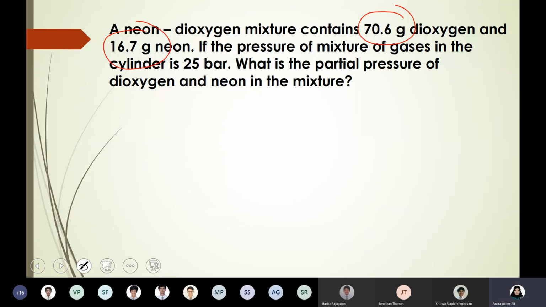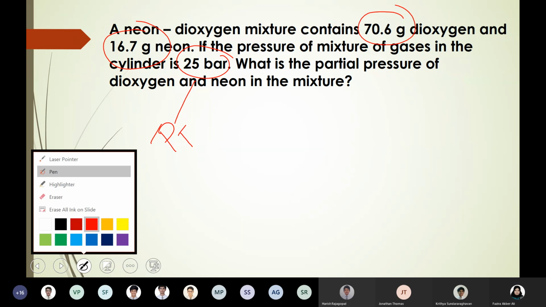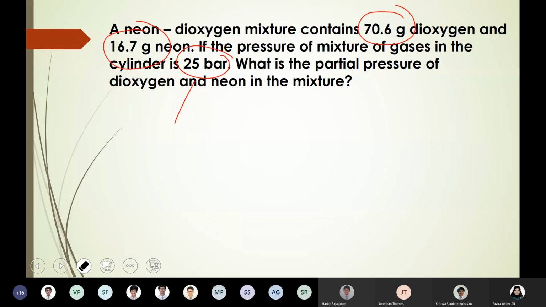If the pressure of the mixture is given, this indicates total pressure. Now you have to calculate the partial pressures of oxygen and neon. It's a direct question, nothing is given indirectly. And as the pressure is given in bar, you will get the partial pressure also in bar. No need to change.